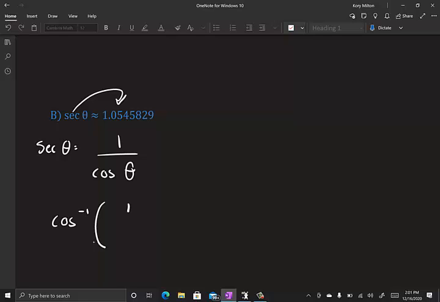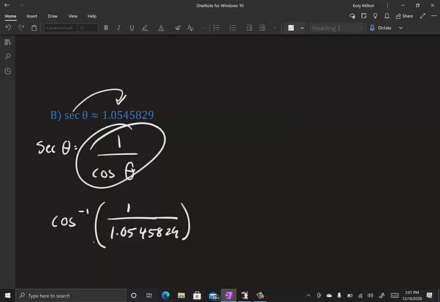And that's going to be 1 over 1.0545829. We put 1 over because secant is not on the calculator. We need to use the reciprocal. So we plug that into our calculator and we get approximately 18.51470432 degrees.